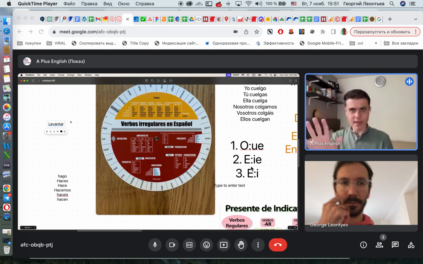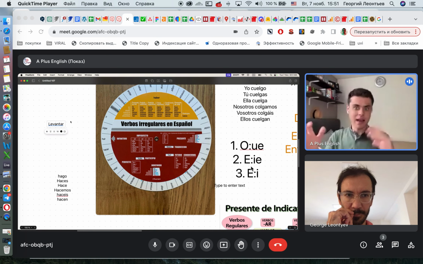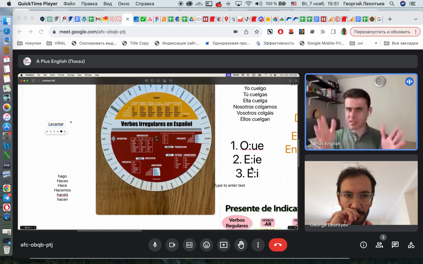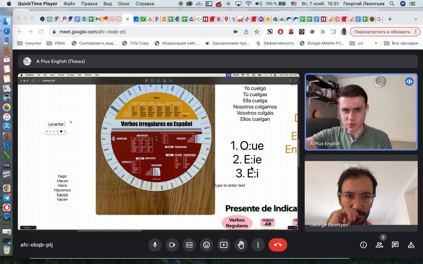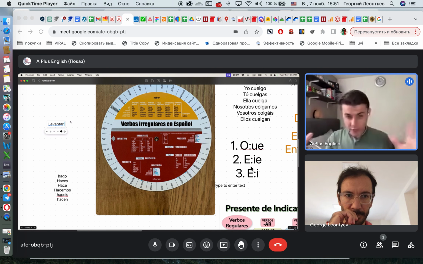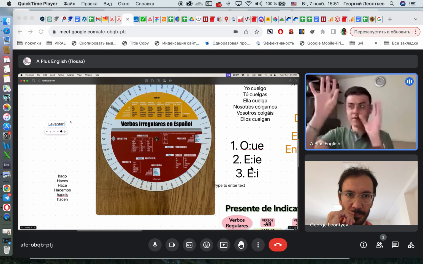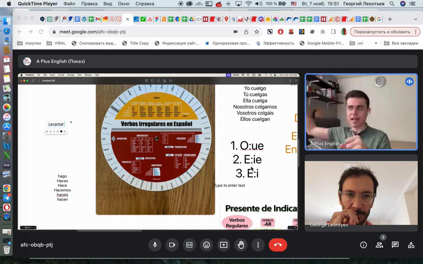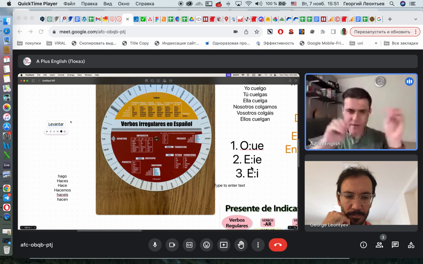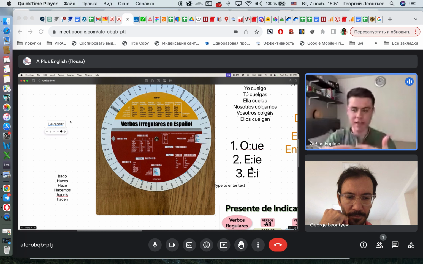I'm going really fast because usually I do this in separate classes, but because I want to explain this table, I'll explain everything quickly. Reflexive verbs are one whole class, present is one class, present perfect is one class, but I'll try to go faster.